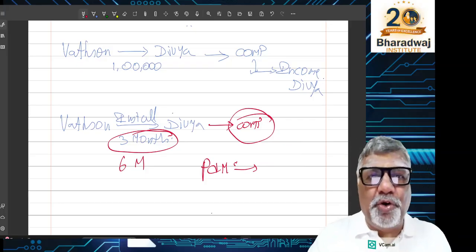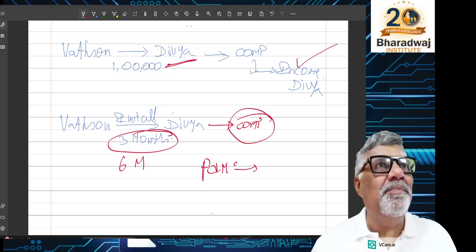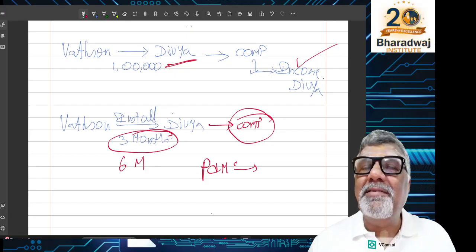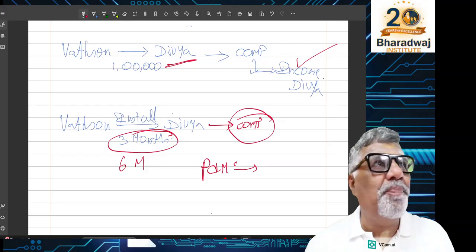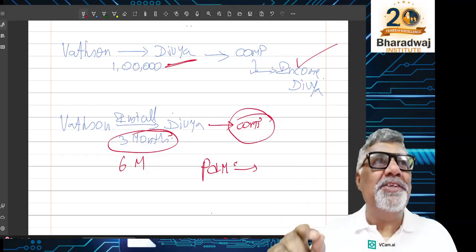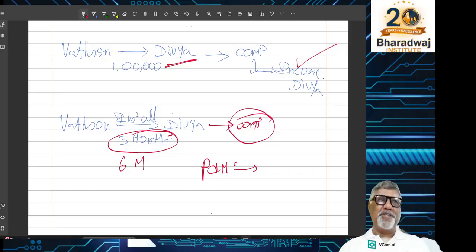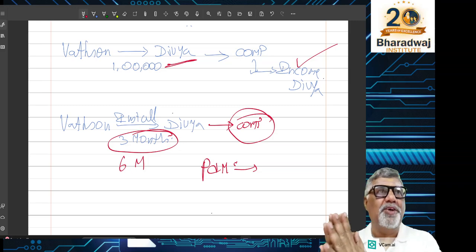In the first case, it is purchase of goods, so no doubt it is an income. Whereas in the second case, it is not purchase of goods, it is a capital expenditure. The compensation received should be adjusted with the cost of the asset. That is the only exception in compensation.